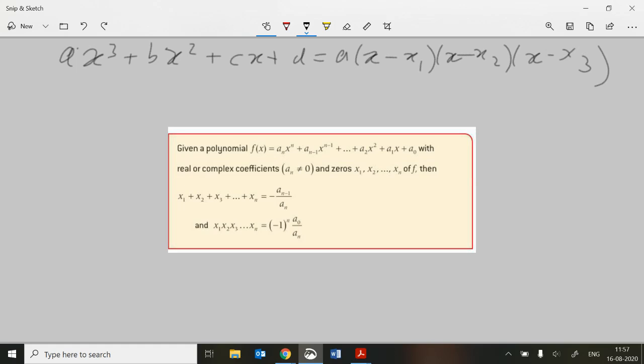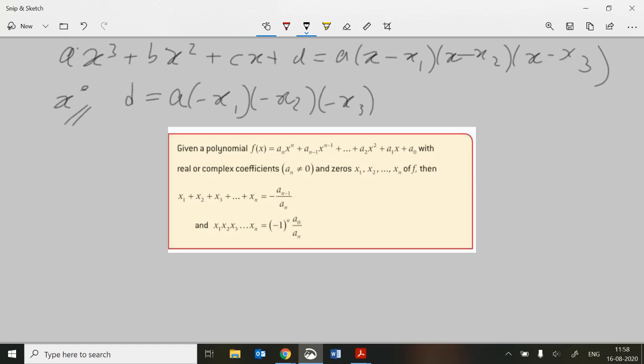If we consider the case of x to the power of 0, and compare the coefficients of x to the power of 0 on both sides, we get d is equal to a, and then we've got minus x1, minus x2, and minus x3.